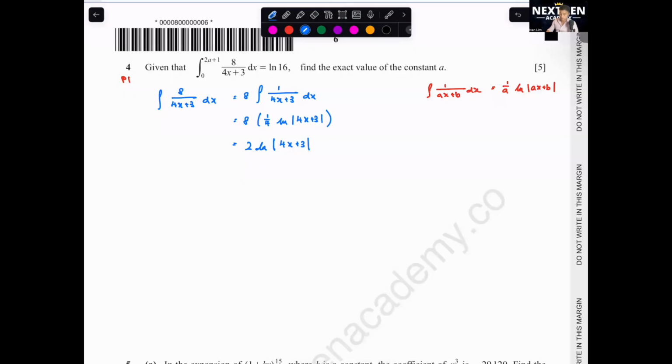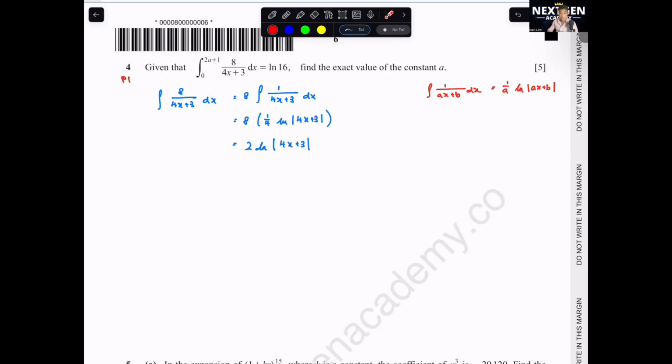Students will ask me, teacher, do I need to write a bracket or a modulus? By right, it's actually a modulus. Because when you do a definite integral, sometimes when you substitute inside, you may get a negative value. But ln cannot take a negative. So if, let's say, the value here is -1, and I substitute -1, it will be 4 times -1 plus 3, which is ln of -1, a math error.